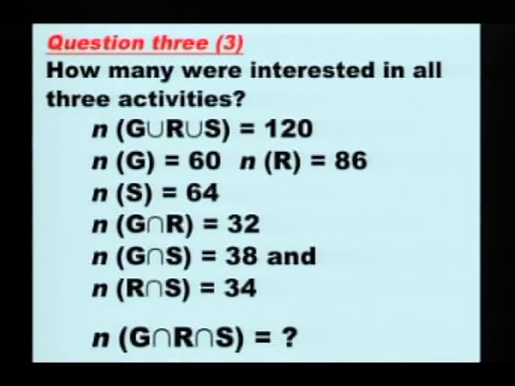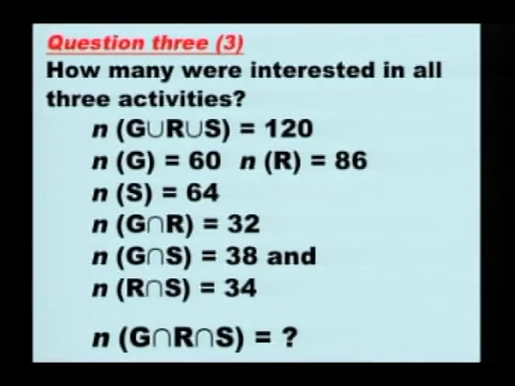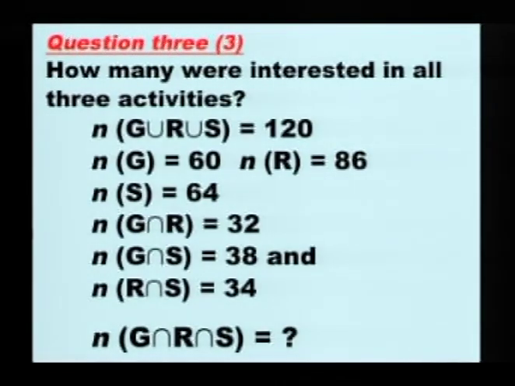They may have been interested in something else too, not just in gardening. That's why if you add, the number is more. But only 120 people were added, so that 60 includes others, that's why you have to find G intersection R intersection S. Because that 60 might include other people who also were interested in something else.